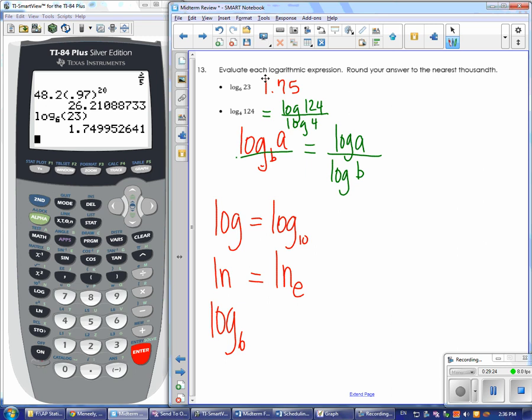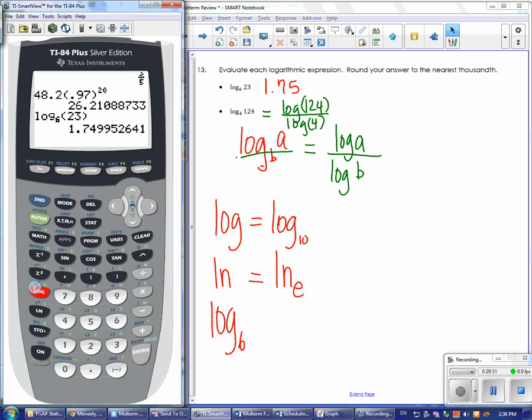Now you do want to make sure that you have parentheses around your arguments. So if I do it this way, I would take the log of 124, close the parentheses, divide by the log of 4, and close my parentheses again. And when I do that, I get 3.477.